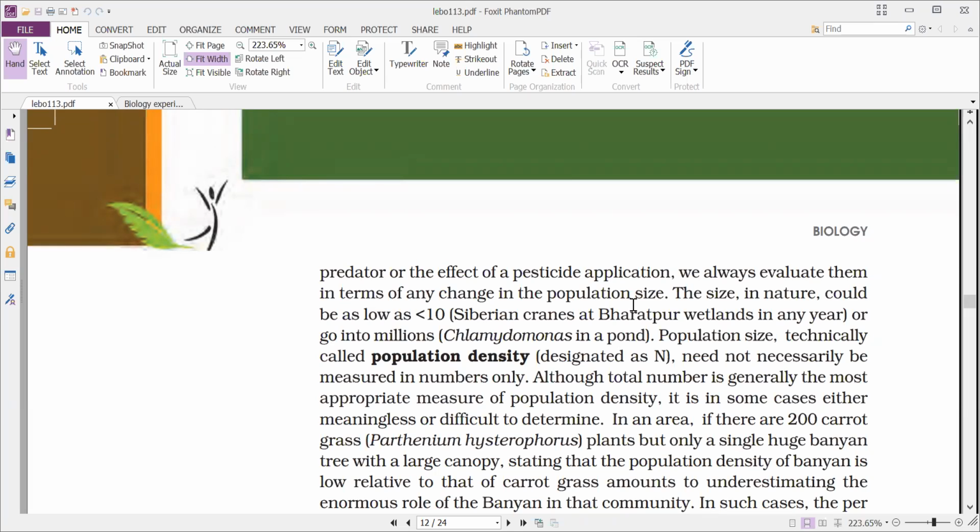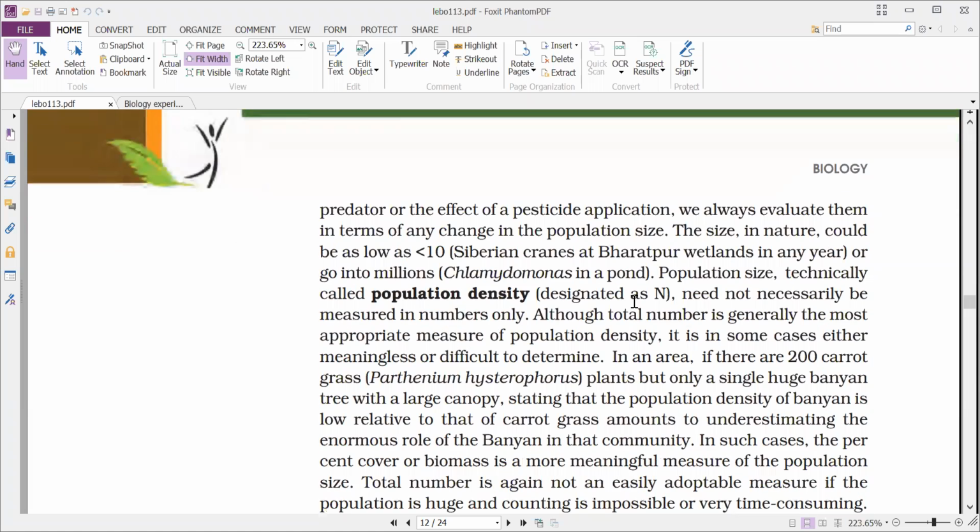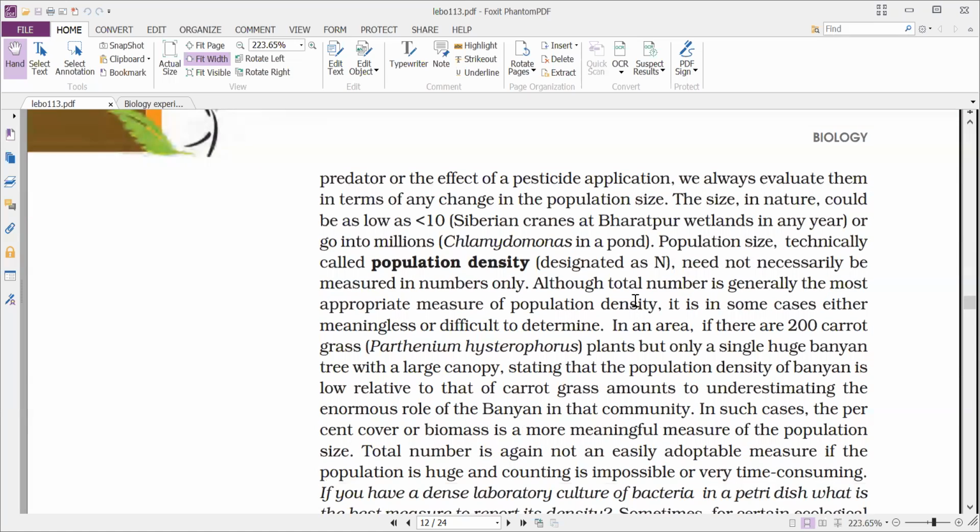Sometimes we can go with volume, sometimes we can go with size. But among volume, size, and all that, the number is more appropriate. Although the total number is generally the most appropriate measure of population density, it is in some cases either meaningless or difficult to determine.